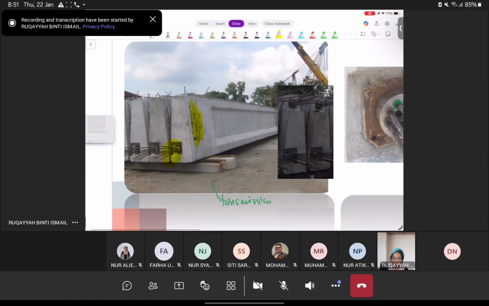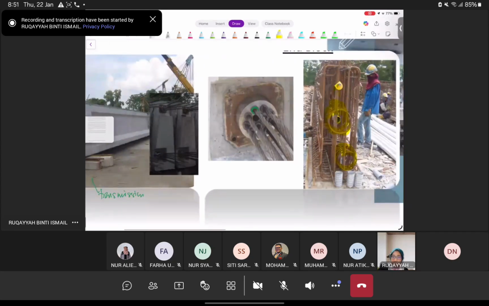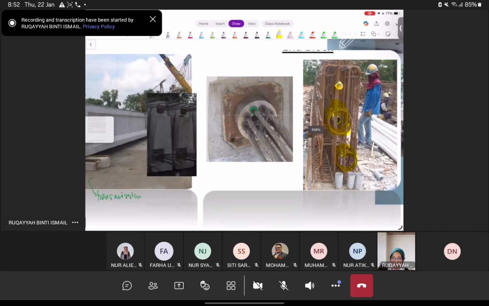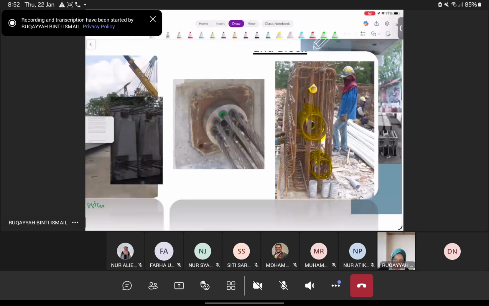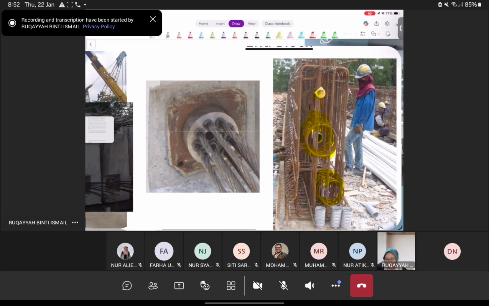This is a good example of showing how much the end block is reinforced. This is the wedge or the anchorage part of our tendon, where we lock the position of the tendon and stop it from returning to its original length when you pull it with a certain force.